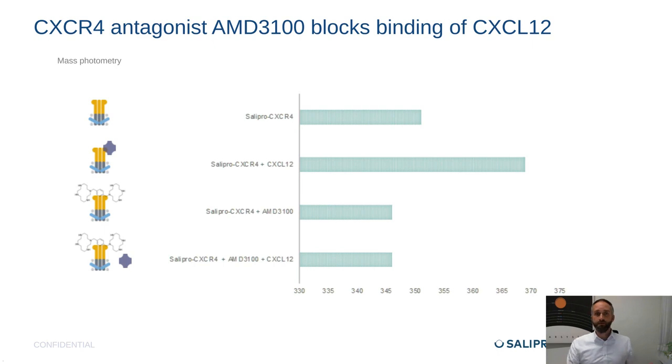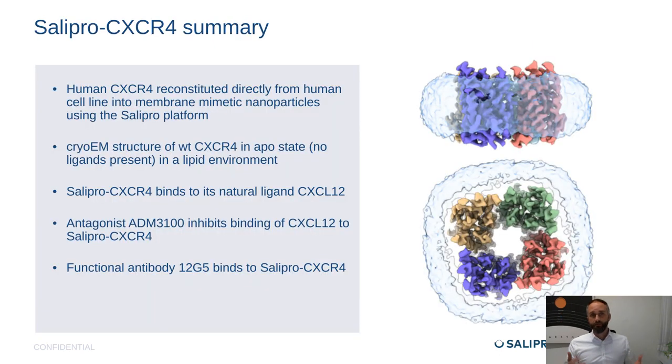With this we can summarize. We have a human CXCR4 wild type, reconstituted directly from a human cell line into a lipid environment using the Salipro platform. This CXCR4 is in an apo state, so it has never seen any kind of ligand during the purification process. With the experiments that we showed here, we could show that it binds the natural ligand CXCL12.